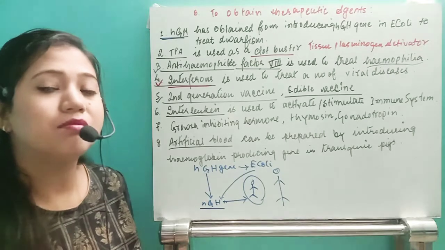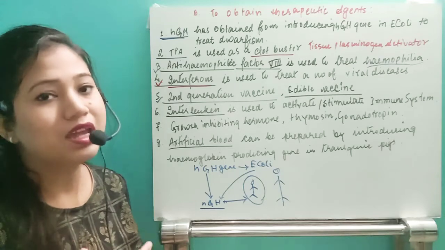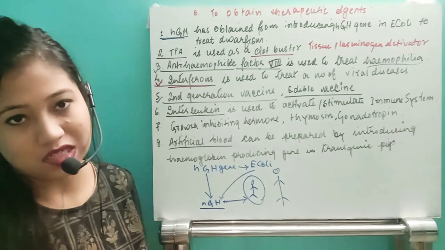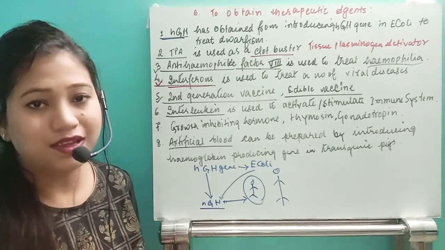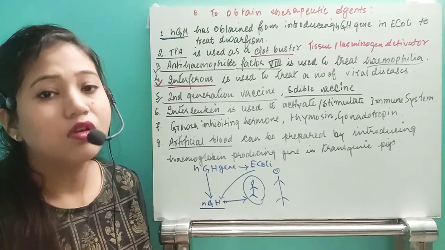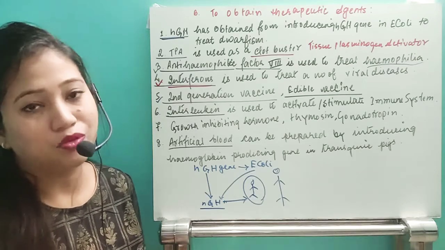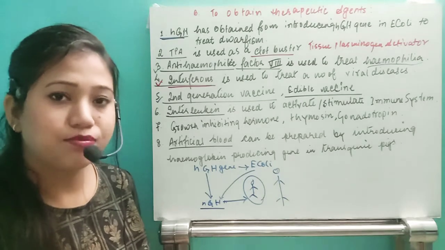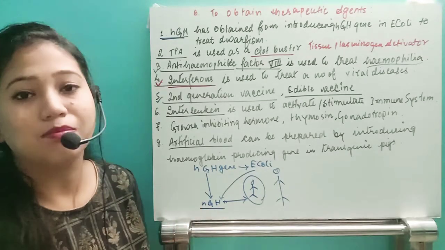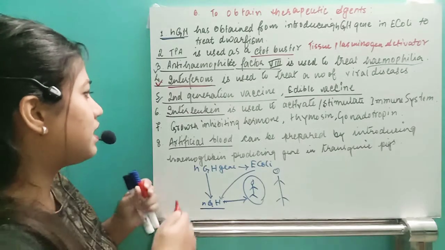That banana is modified in such a way that it has the antigens in it, and if the child takes the edible vaccine, suppose a GMO banana, the child will get the immunity. So this is the edible vaccine that is also produced by the same technology, that is with the help of biotechnology.